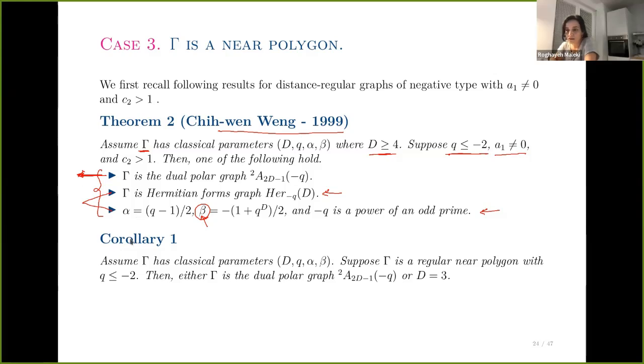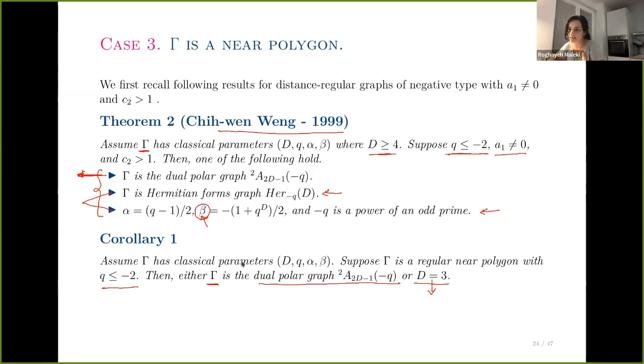This gives us our first corollary: assume Gamma has classical parameters. Suppose it is a regular near polygon with q less than or equal to -2, then Gamma is a dual polar graph, or the diameter of the graph equals 3. For the case that the diameter equals 3, we in fact didn't work on this part because we didn't know whether the graphs in this case are all the graphs that we might have.